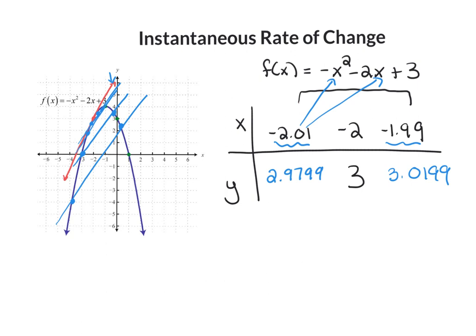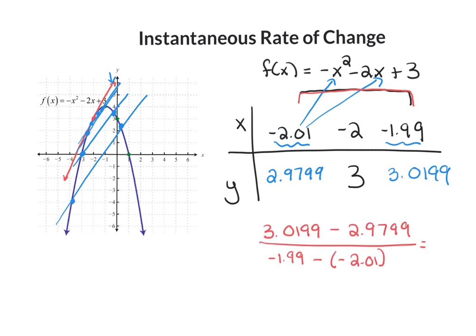So now let's find the average rate of change of this really small interval. Here's our difference quotient of our y values over x values, and we will get 0.04 over 0.02, which equals 2. So this would be the estimate of the rate of change of this tangent line.